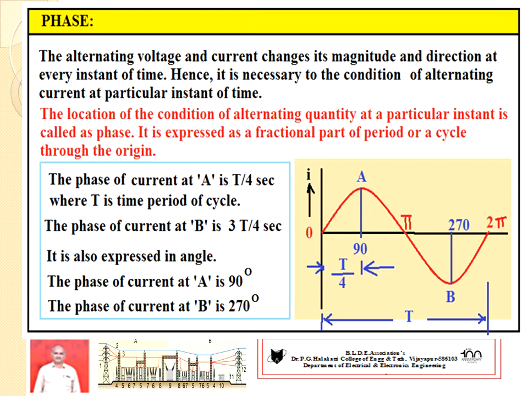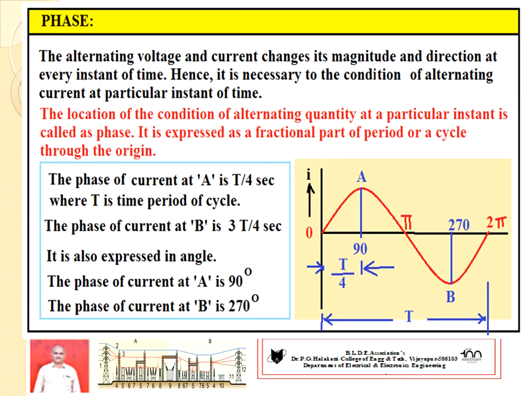Now, I want to know the phase A of the alternating current. It may be expressed in time: where does this point lie from the origin? Point A lies on the current at T by 4 seconds. In angle, it lies from the origin at 90 degrees.